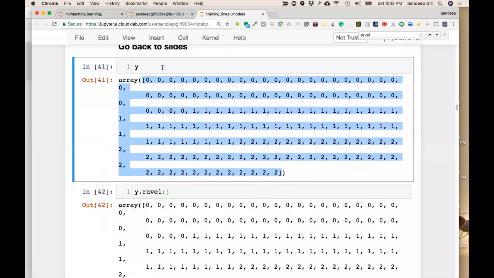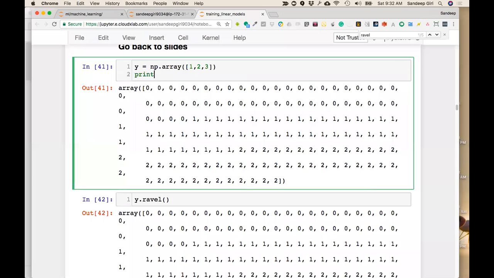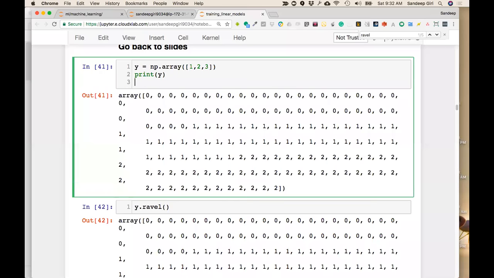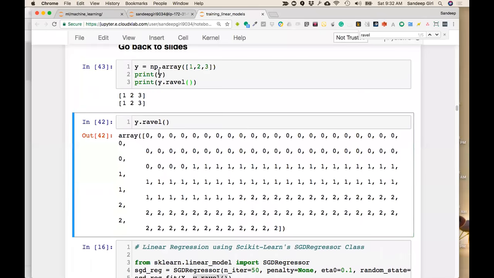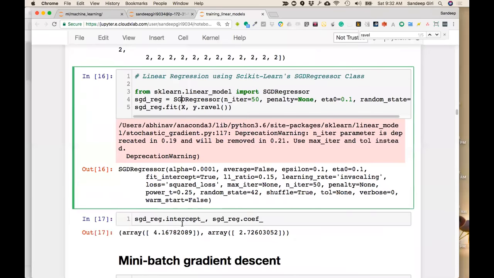Let's say if we have y equals np dot array of 1, 2, 3, print y, and print the... okay, just a second.